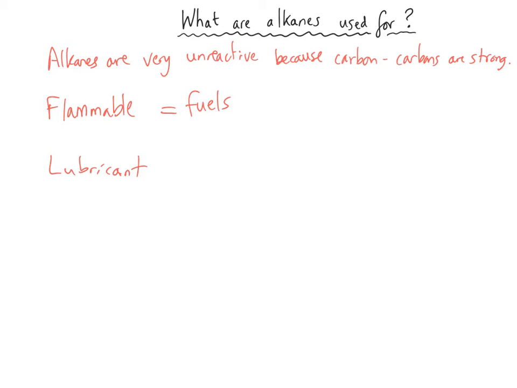They're also used as a starting material to make a range of other compounds, and that's one of their biggest uses in industry. They are used to make alkenes and halogenoalkanes and other members of other families. So for themselves, they're primarily used as fuels. Their secondary use is lubricants, but also to make other organic molecules.